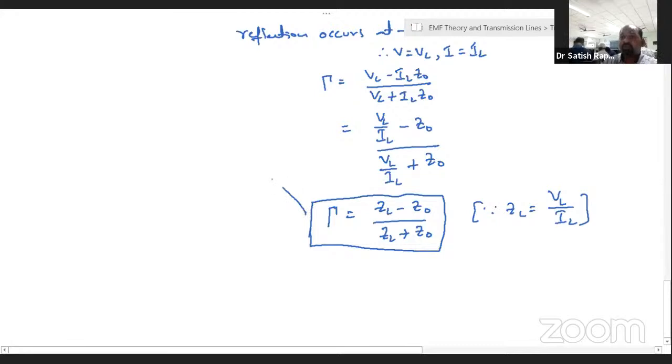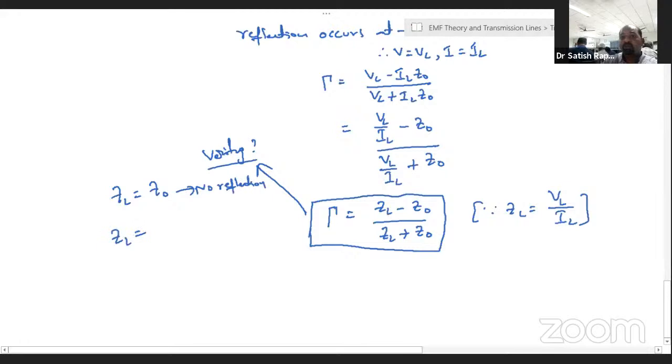And let me verify this. From the definition, when load impedance is equal to its characteristic impedance, no reflection.